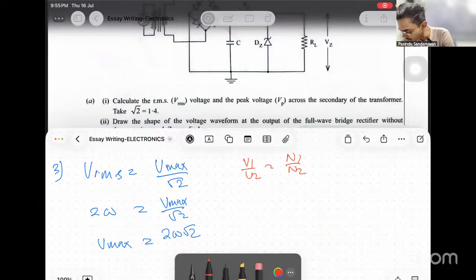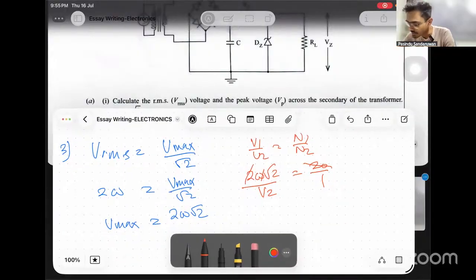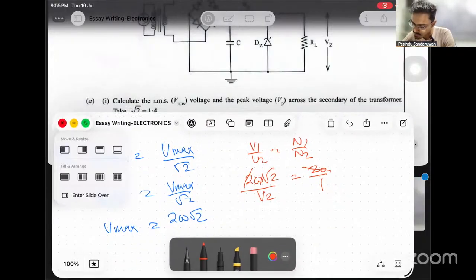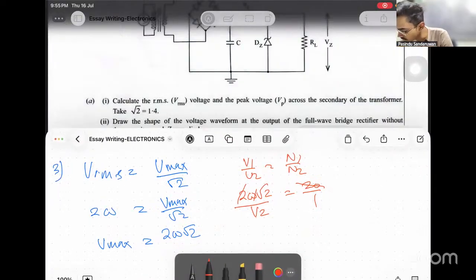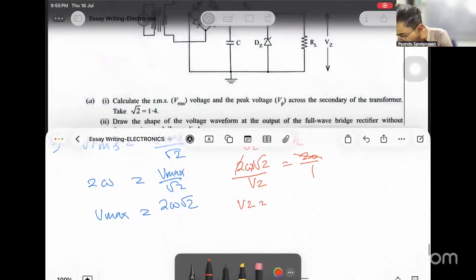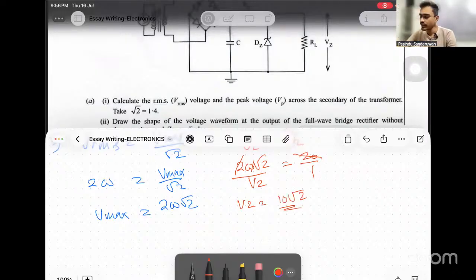V1 is 200 root 2, and I'm going to find V2. N1 to N2 ratio is given as 20 to 1. Simplified, 20 over 200 root 2... V2 equals 10 root 2.